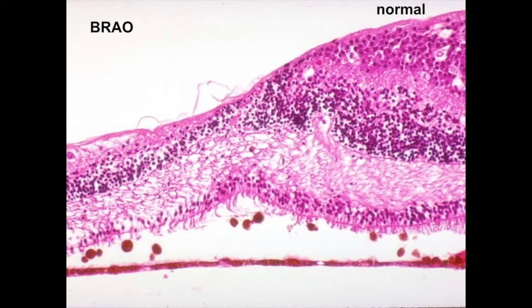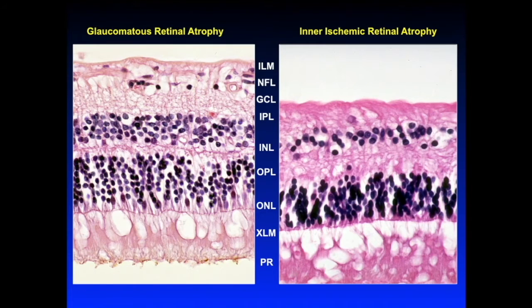Here's a nice example of a branch artery occlusion, the normal retina shown on right with the thick layer of perifoveal ganglion cells and the inner ischemic retinal atrophy in the territory of the branch artery occlusion. You get inner retinal atrophy in glaucoma, but it just involves the nerve fiber and ganglion cell layer compared to the multiple layers involved in inner ischemic atrophy.